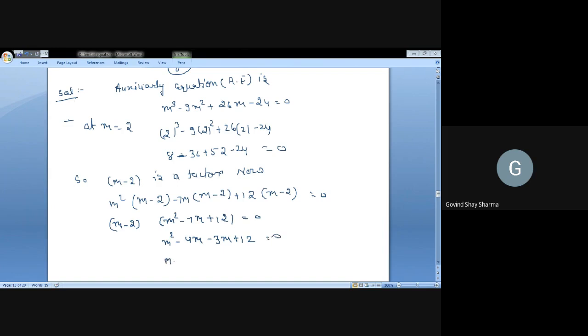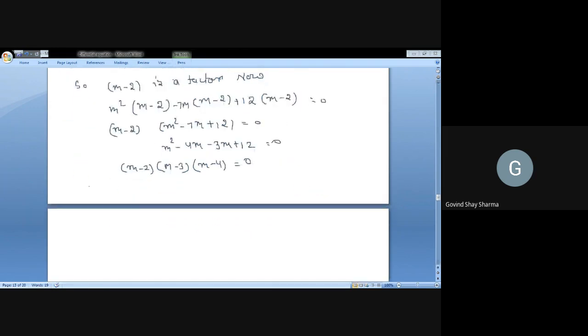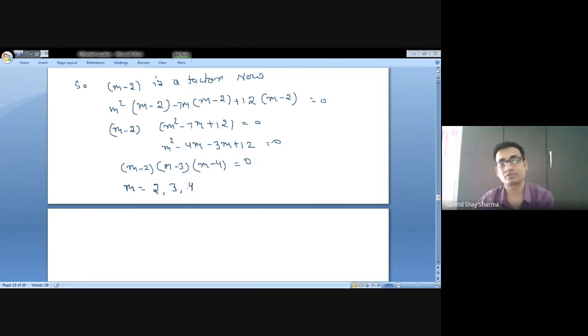So m minus 3 and m minus 4. These are the factors of the auxiliary equation, and we get 2, 3, 4. These are the roots of the differential equation.